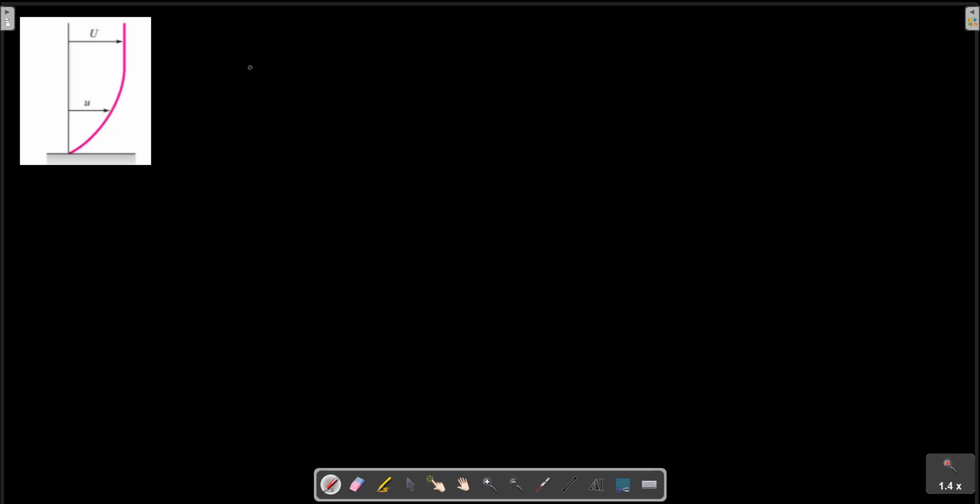As the first case, in this figure we have a profile which is very rounded, for a favorable gradient.